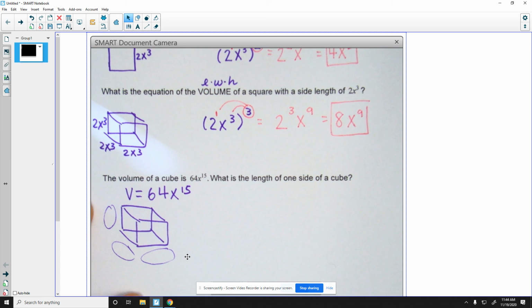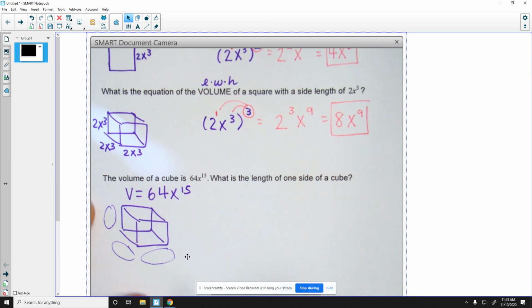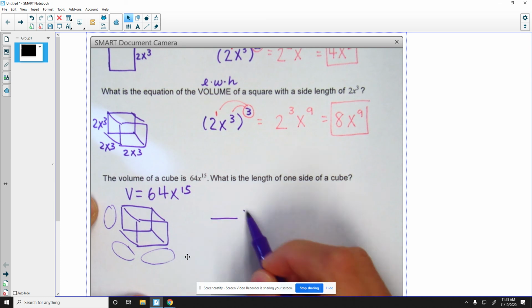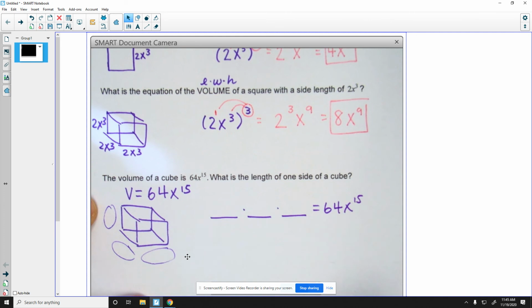So maybe not what the answer is, but how do I get the answer? Haley? Yeah, so basically you're doing the cube root. So why does that make sense? Because basically we're saying something times something times something equals 64x to the 15, right?